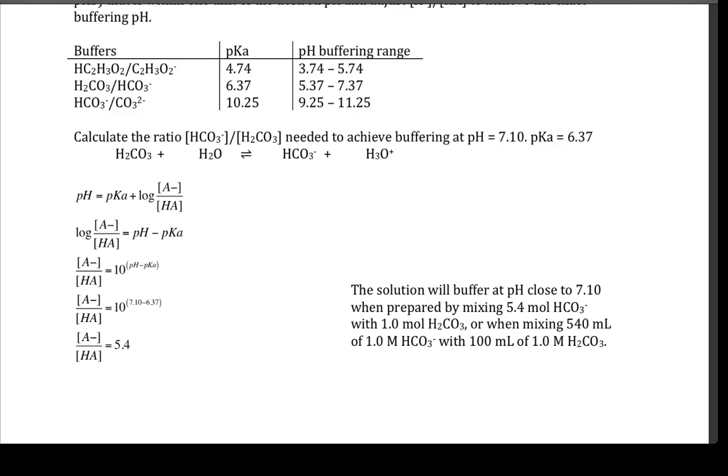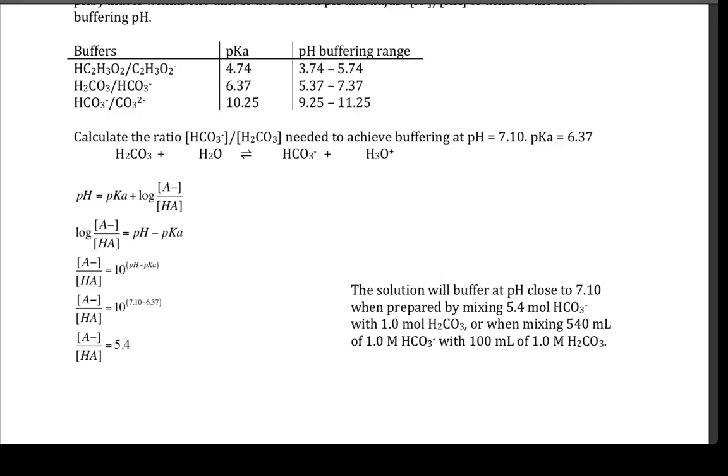Through a little bit of algebra, we get A minus over HA equals 10 to the pH minus pKa. So we have A minus over HA equals 10 to the 7.10 minus 6.37, and we get A minus over HA to be 5.4.